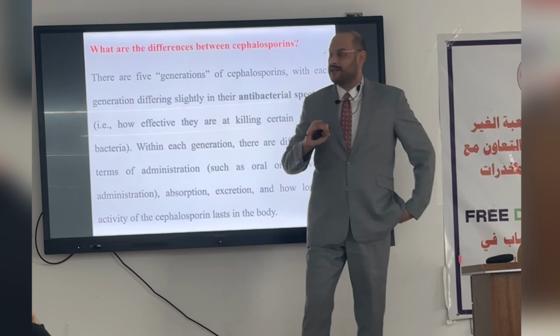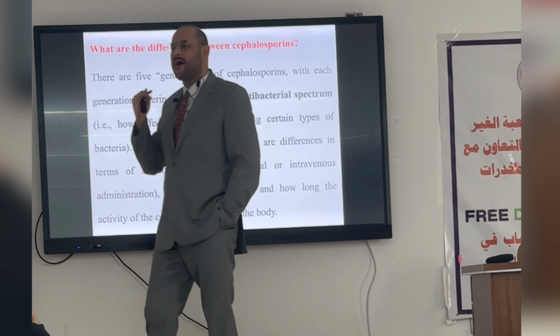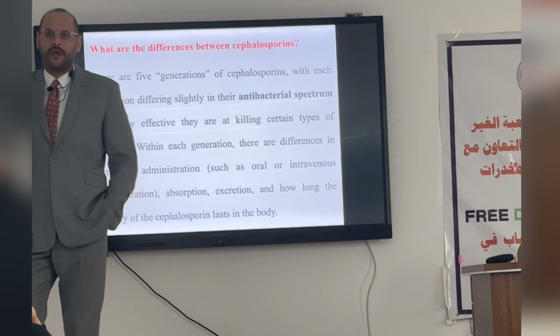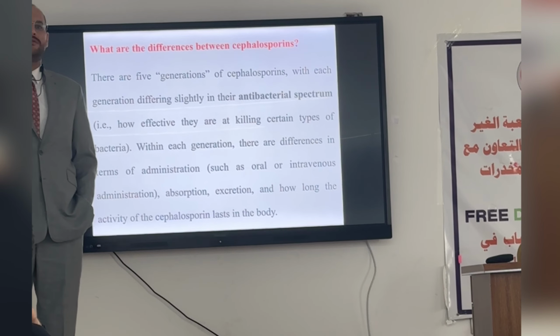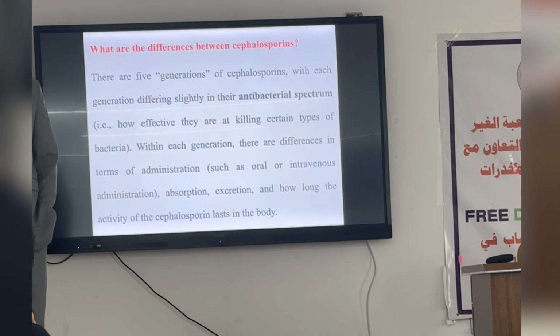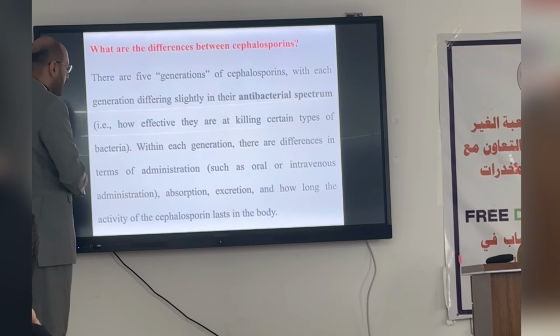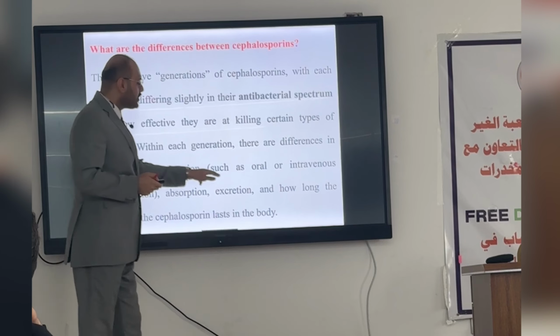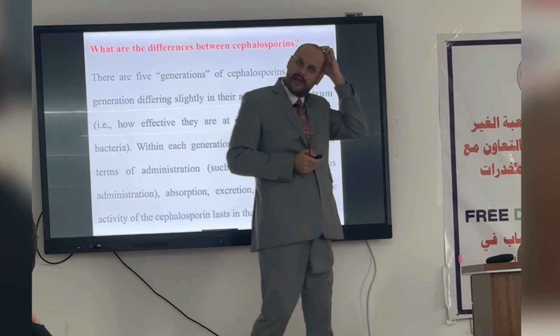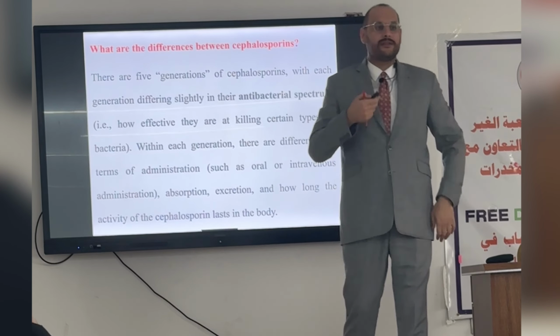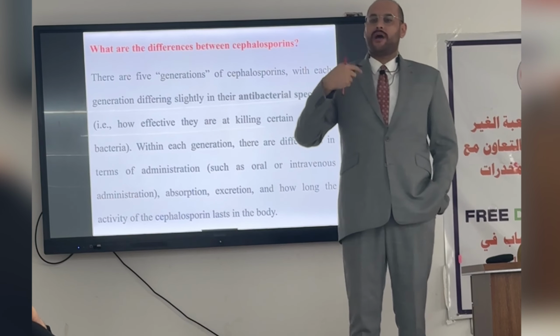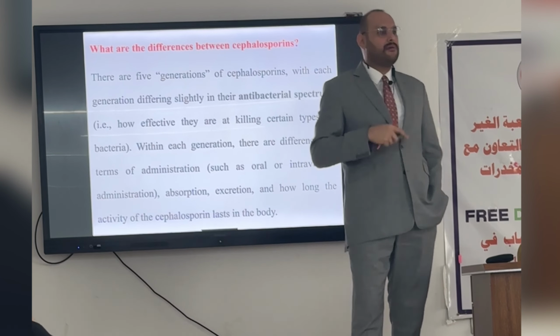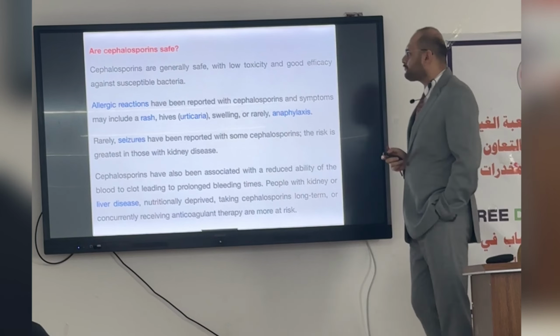We talked about this as well. And we have different pharmacokinetic properties, which means absorption, distribution, metabolism, and excretion, onset of action, duration of action. And we have routes of administration. In the table we will see, for example, cefixime, which is oral, and cefotaxime, which is IM or IV or parenteral.